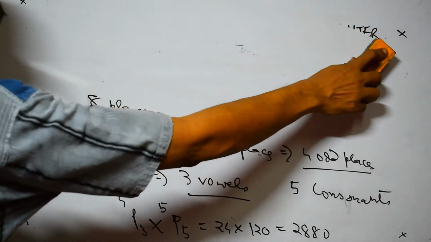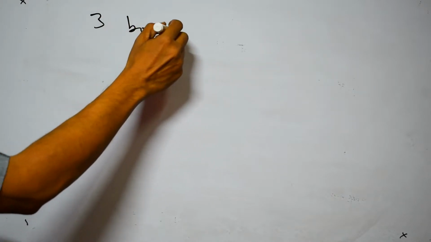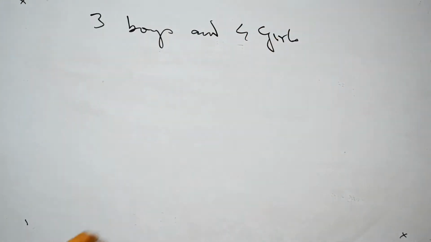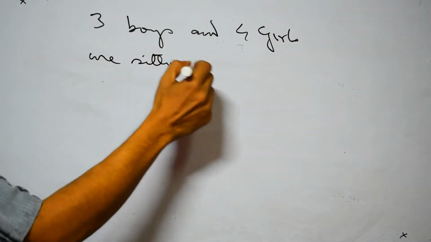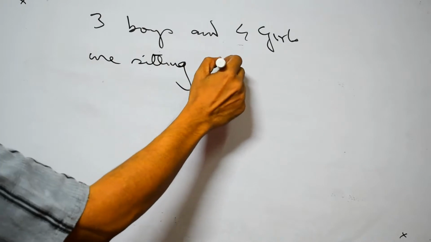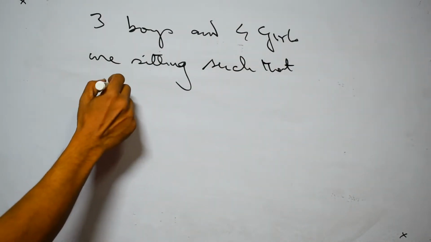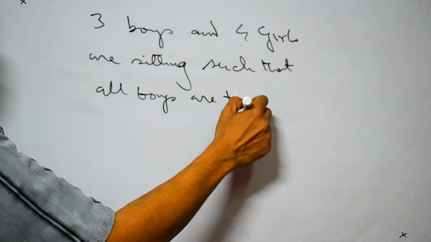The same type of questions can be given for persons to be placed, like 3 boys and 4 girls are sitting such that all boys are together. The first question: all boys are together.